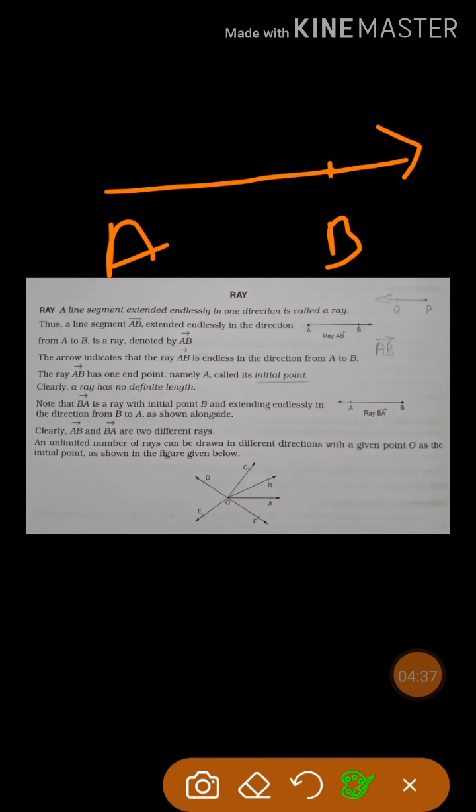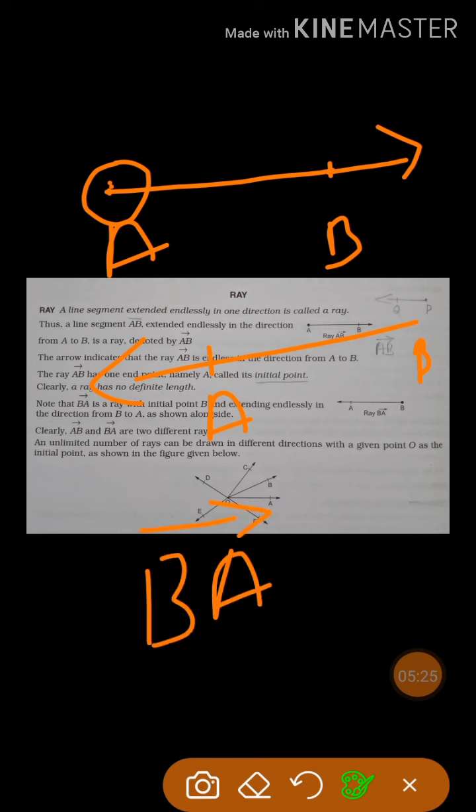A ray is moving in one direction, so it has no definite length, but it has one end point. This A is the one end point of the ray. We also call it the initial point or starting point. So A is the initial point and it is also the end point of the ray.